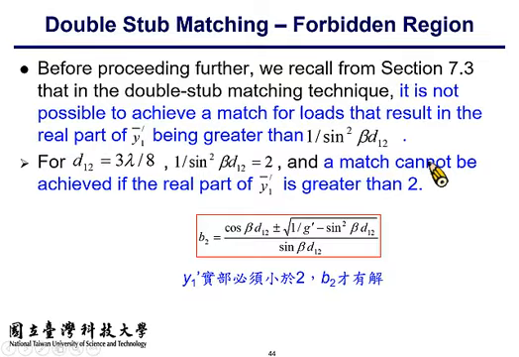So here we have a D12 as for the usual case. For the usual case, D1 equals 0 and D12 equals 3/8 of a wavelength.